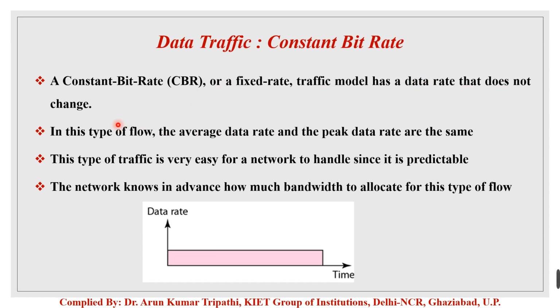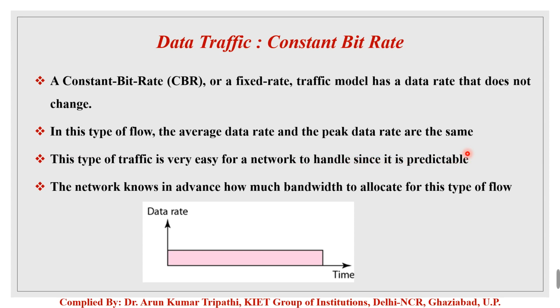This never occurs in practice. In this type of flow, the average data rate and the peak data rate are the same. This type of traffic is very easy for the network to handle since it is predictable. That means the network knows how much data will arrive.